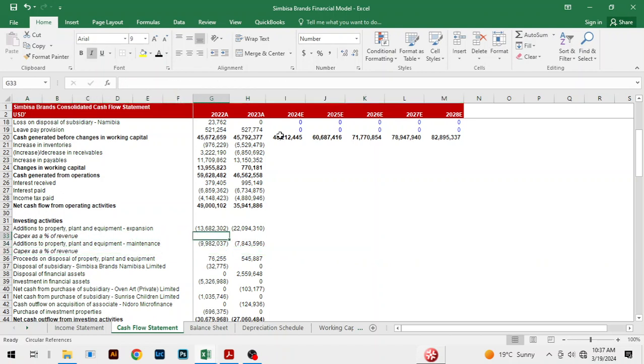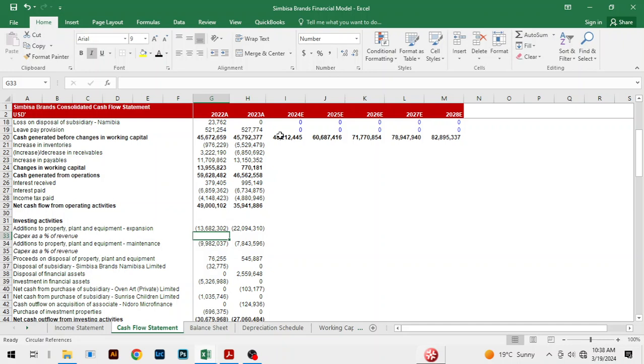Right, so basically if you are building a financial model for valuation purposes, it's recommended that you project out the income statement, and in the cash flow statement you project depreciation and some other non-cash items that are recurring, and obviously you need to project changes in working capital.